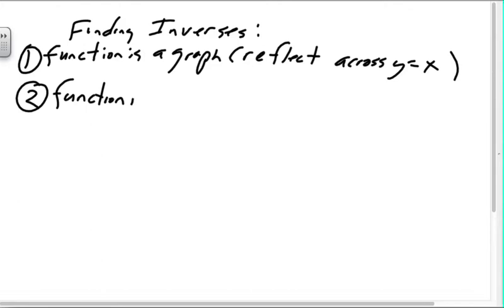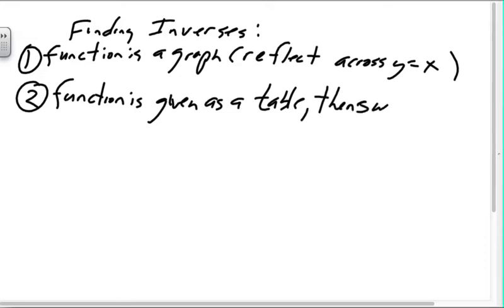If the function is given as a table, then you swap the x and y values. Now you can always come through, and if you're given a graph, convert it to a table, and then swap them and then regraph it. It would accomplish the same thing.